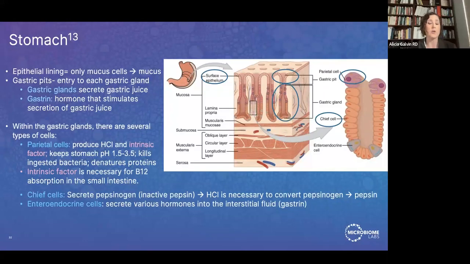There are certain patterns that we can see in stool tests of various microbes that are elevated, and also certain functions like proteolytic or protein fermentation byproducts that might indicate an imbalance of stomach acid production that's then leading to imbalances further down. And then we have these enteroendocrine cells that secrete various hormones into the interstitial fluid, like gastrin.